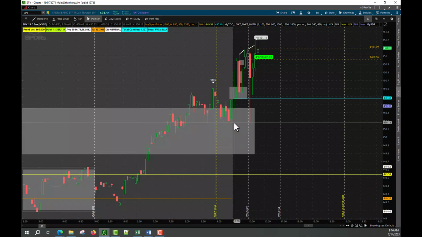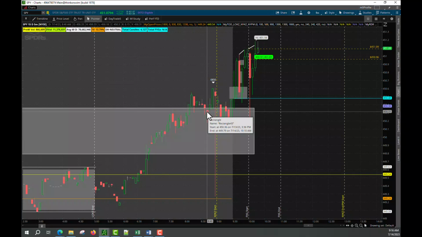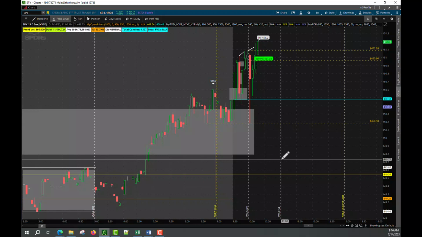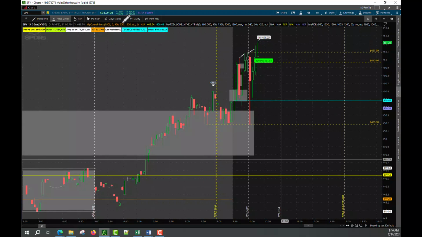Man, I think the equal... What's the low of this one? 50.80. Wow. And what's the low of this one? Exactly. Oh man, equal lows right there. Wow, that is very bullish, my friend. It's gonna go huge.